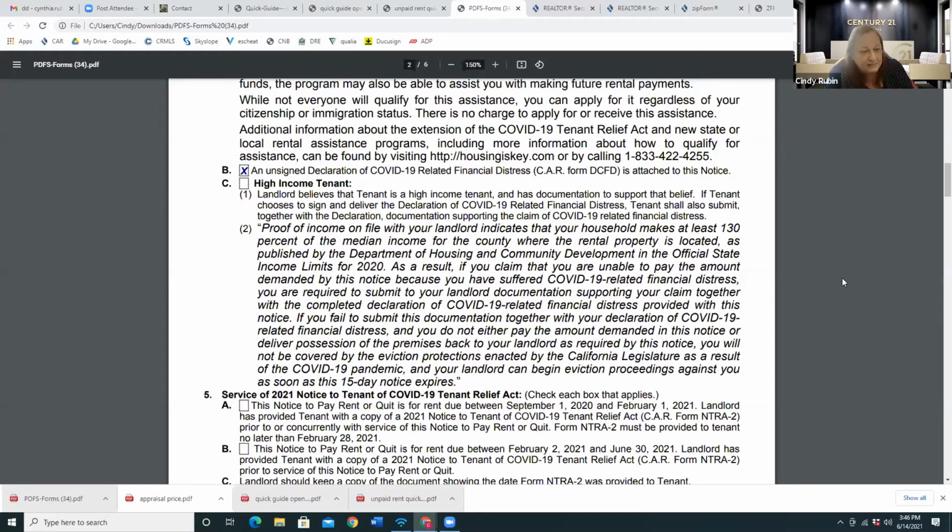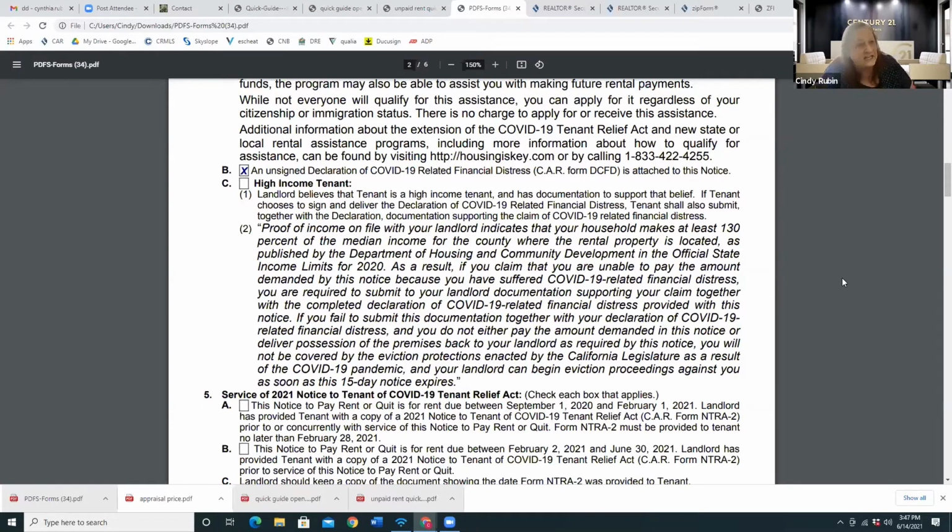If you fail to submit the documentation together with the declaration and you do not pay the amount demanded in this notice or deliver possession back to the landlord as required, you will not be covered by the eviction protections. Okay, so you send it out, you give the unsigned declaration, you get the declaration back with no proof, not good enough.